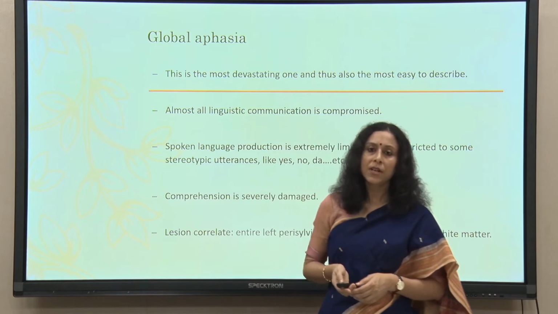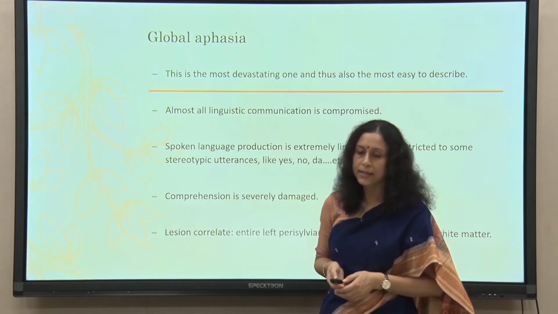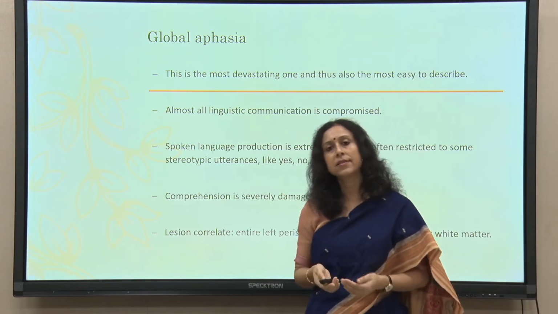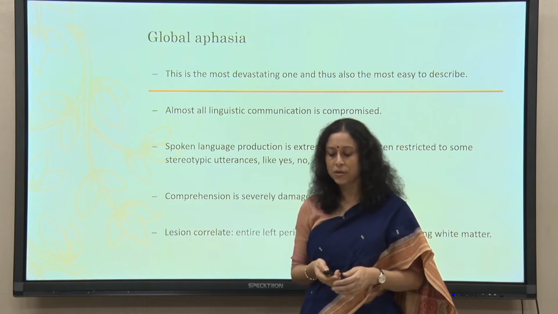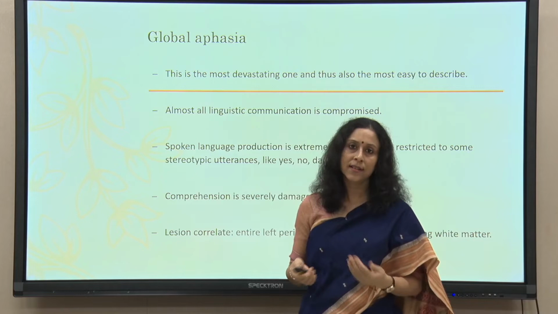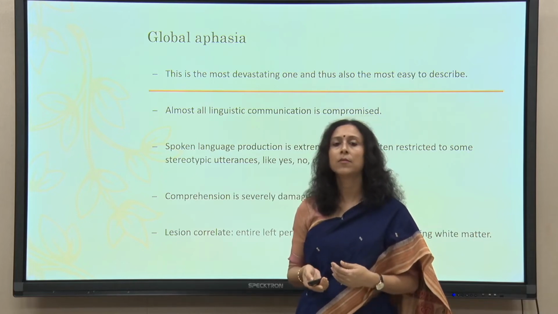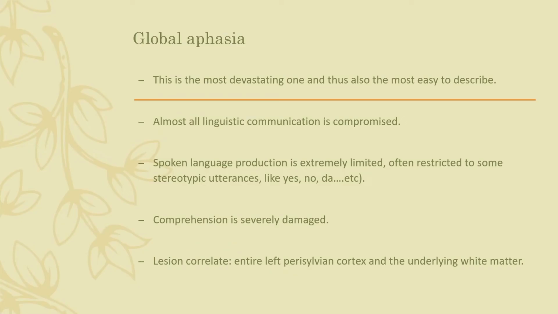The fourth type of aphasia that we will be looking at now is global aphasia. As the name suggests, this is the most severe kind of aphasia, the most devastating type of aphasia, and it is also the easiest to describe, because this is an aphasia where almost all language functions are disrupted. All kinds of communication are compromised.